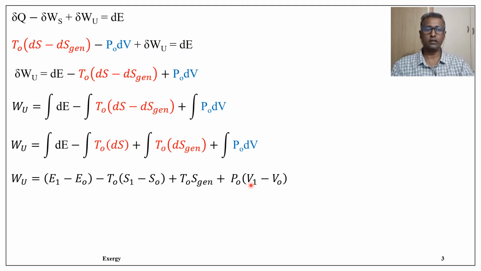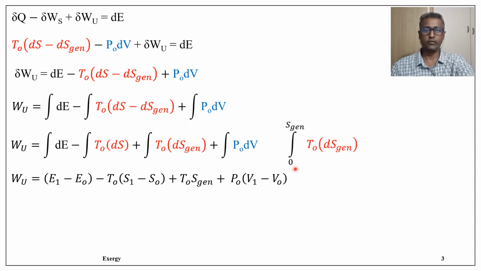Why is there only one term in entropy generated? For that, consider the limits of integration. Initially, there is no entropy generated. Entropy is generated due to the heat transfer.